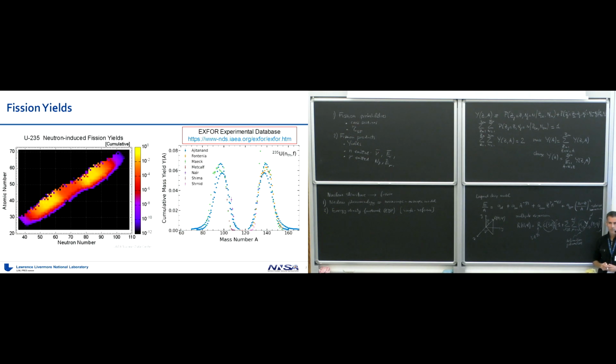Does anybody know why? Yes, I think I heard vaguely: incompressibility. A nucleus is incompressible, so if you expanded the nucleus, the pressure would go down. That is not possible. So the volume has to be constant irrespective of the shape, and that's taken care of by that term.